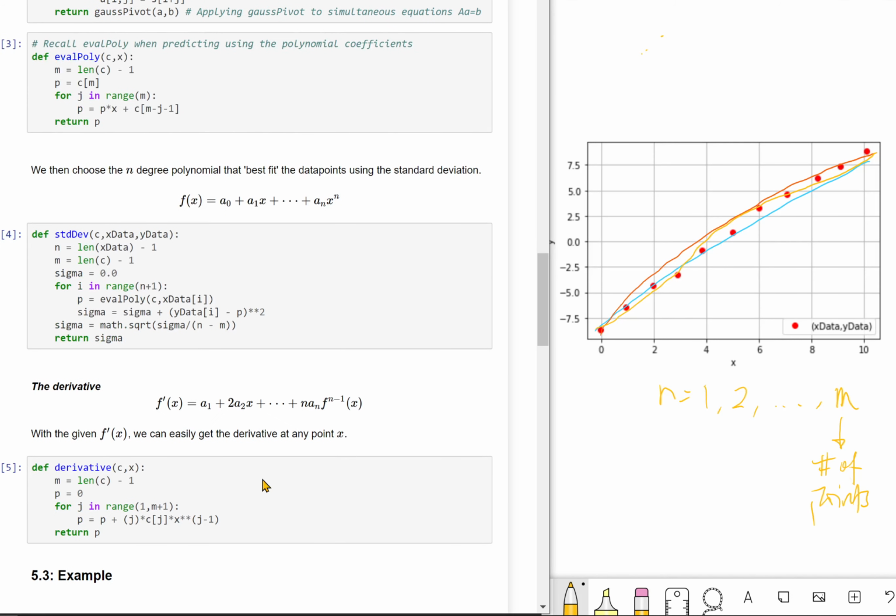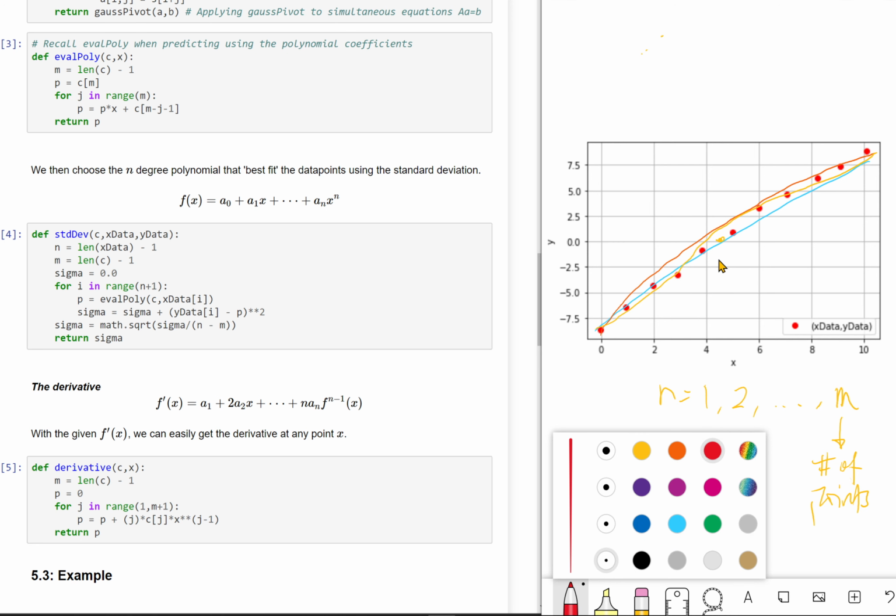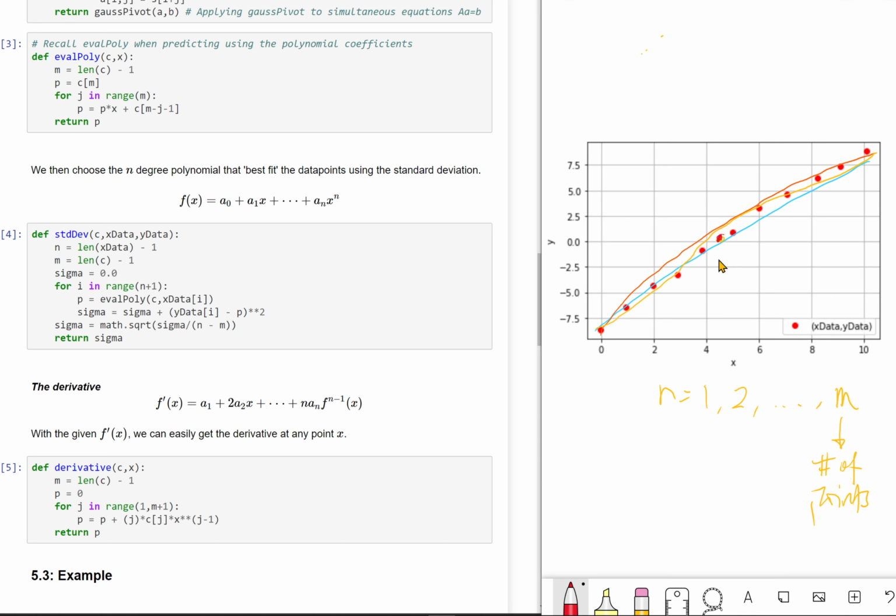Most of the problems will ask: what is the derivative of these points? If you have these points, what will be the derivative at a certain x, let's say 5, or maybe 4.25? Let's say we have a point here, and we want to know what the value is there.